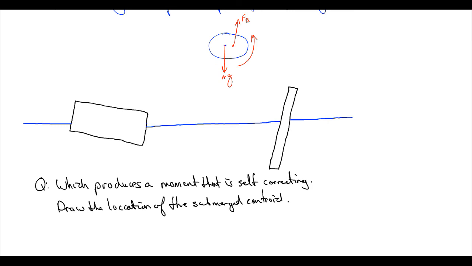What I want you to try to do is to draw the center of mass, or the centroid, of the submerged section for both of these. And then also, assuming that the mass is distributed evenly in both, draw where the center of mass is for the entire object. Okay? So, I'll pause the video, try it out, give it a shot, spend some time on it.